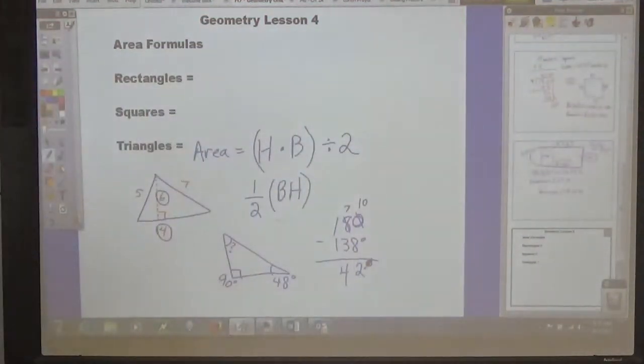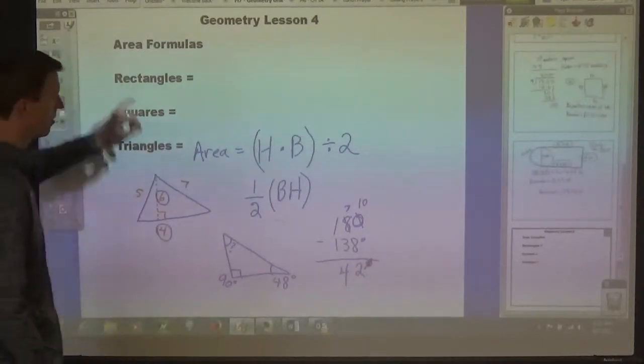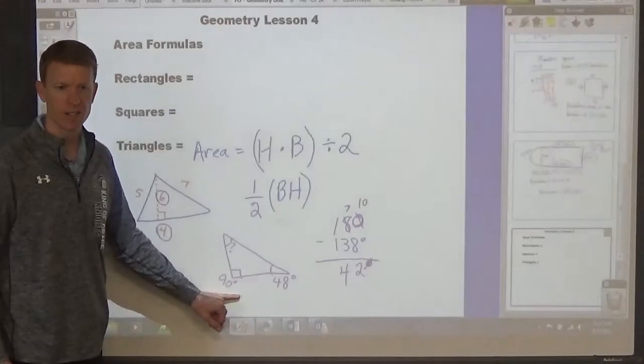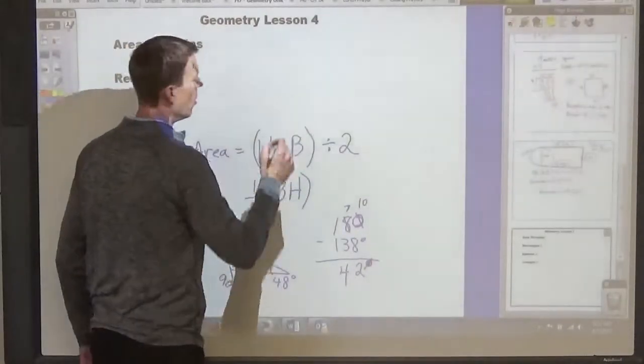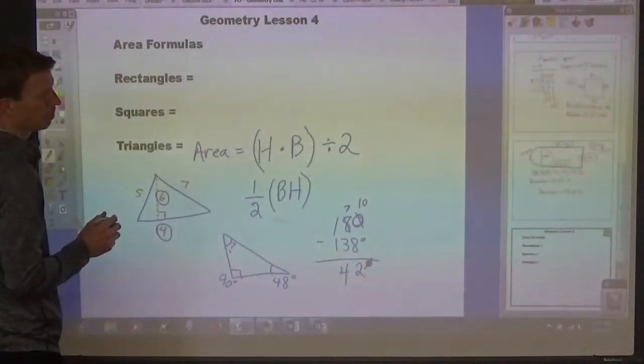Next concept that we talked about was, I can find the length of a side of a rectangle if I know what the perimeter is. So this is having to do with rectangles. Let's see.